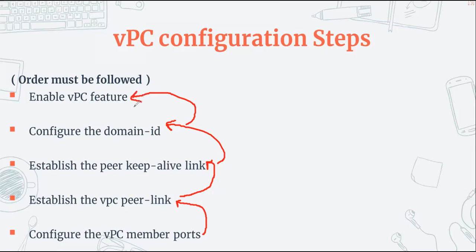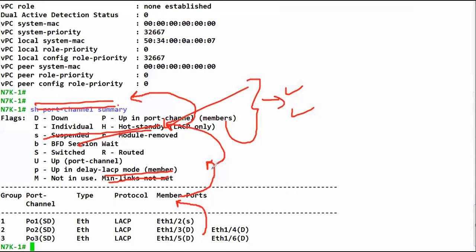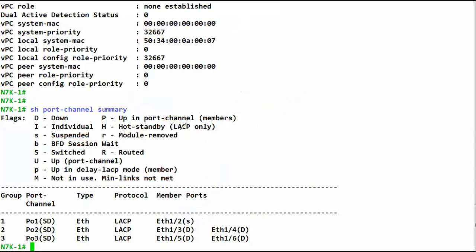Now in our case, when N7K1 is up, because the VPC feature is already enabled and the VPC domain ID is also there, both these steps are completed. But for the third step, the VPC keep alive link, because the second device is down, your VPC keep alive is not going to come up. That is why, if you go to N7K1, you can see that the state is not established.